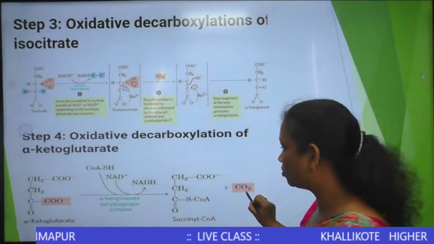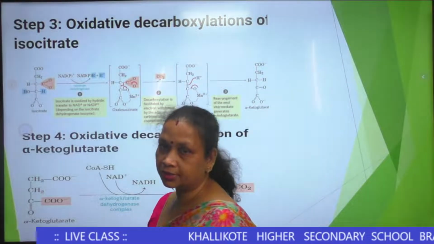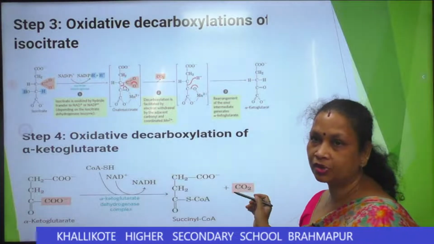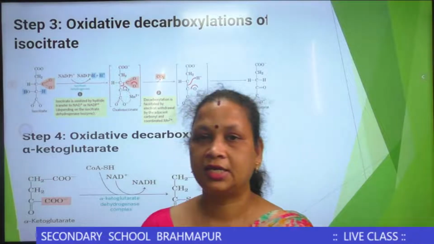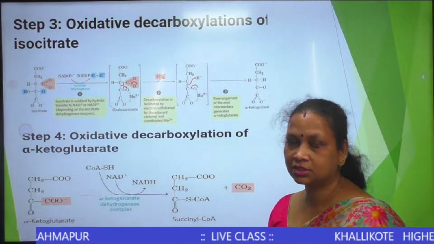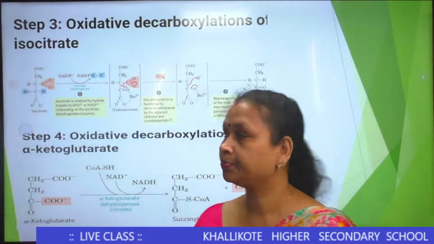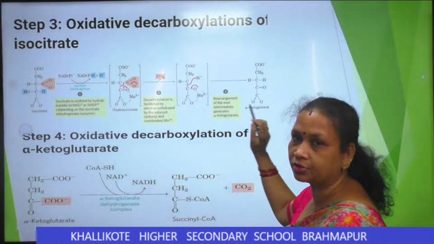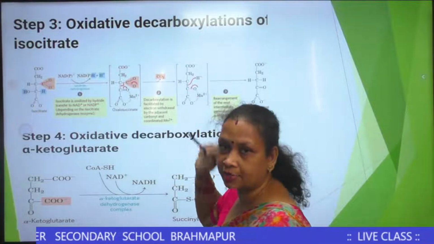We have lost a molecule of carbon dioxide from alpha ketoglutarate, so here there is 4 carbon again. If you look at the reactions we have seen up to this point, when pyruvate was converted into acetyl coenzyme A, there was loss of one molecule of carbon dioxide. Again, in the reaction of isocitrate into alpha ketoglutarate, there is loss of one molecule of carbon dioxide.